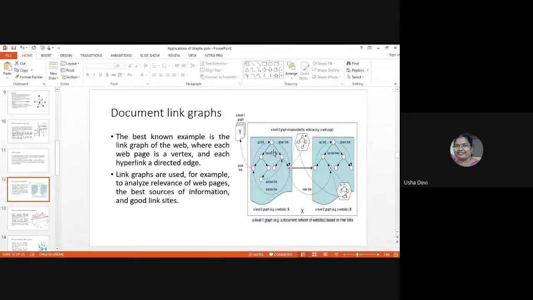So from one to another, we are trying to access some documents which may be available anywhere on the web, and that always specifies a directed edge alone. That's why the arrows are mentioned, from where to where you are trying to access it. It may also reflect some kind of tree.